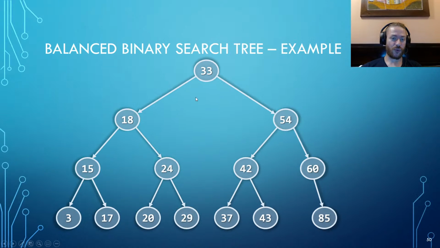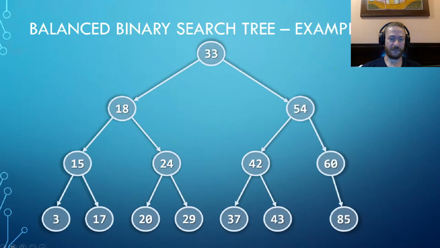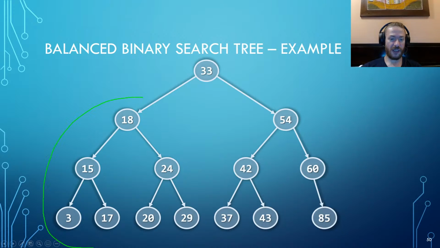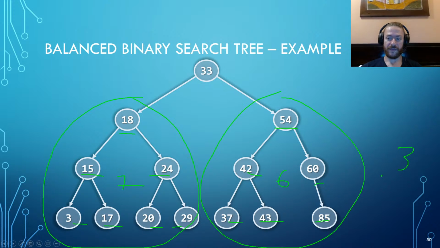But of course we have a perfect balance here, because this subtree has how many nodes? 1, 2, 3, 4, 5, 6, 7. And this subtree has 1, 2, 3, 4, 5, 6. They're nearly the same. Also the levels: this has 3 levels and this one also has 3 levels.